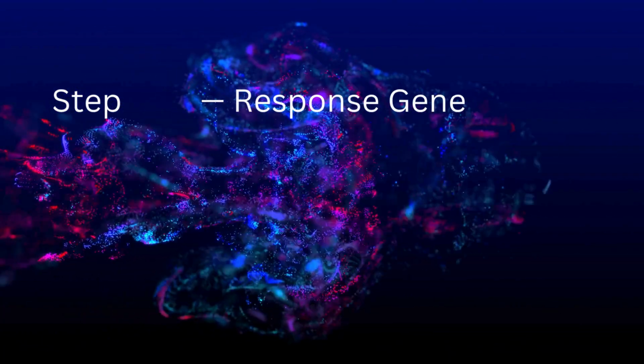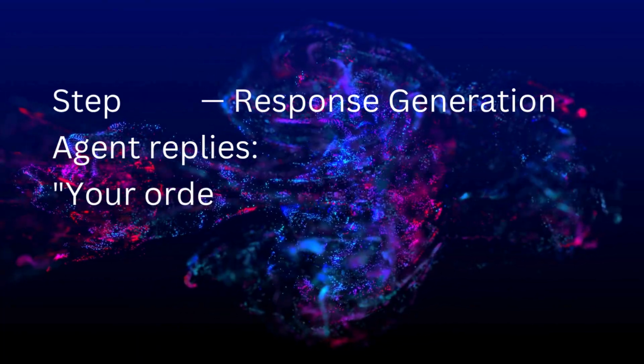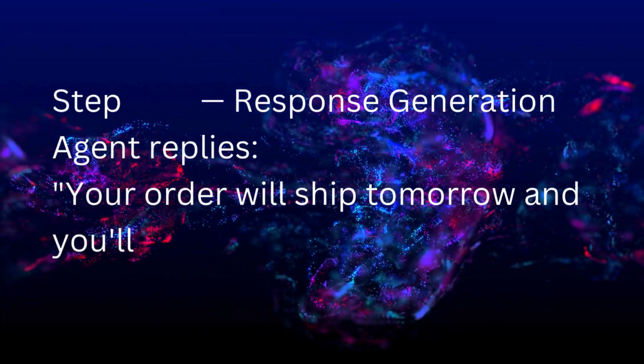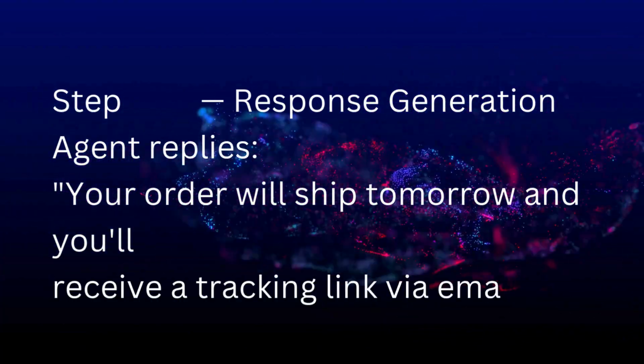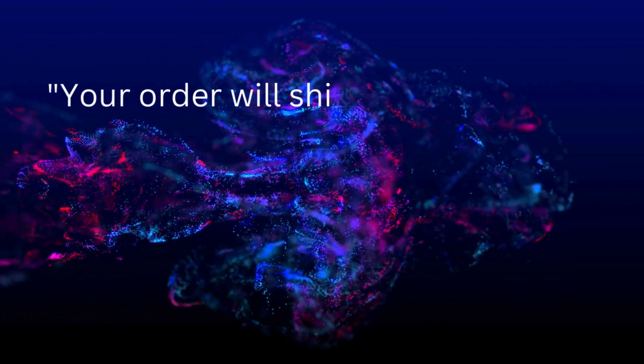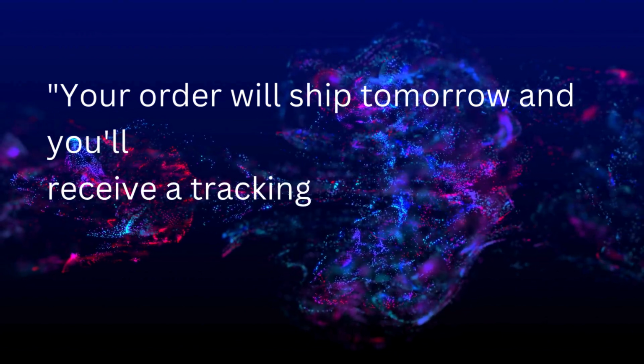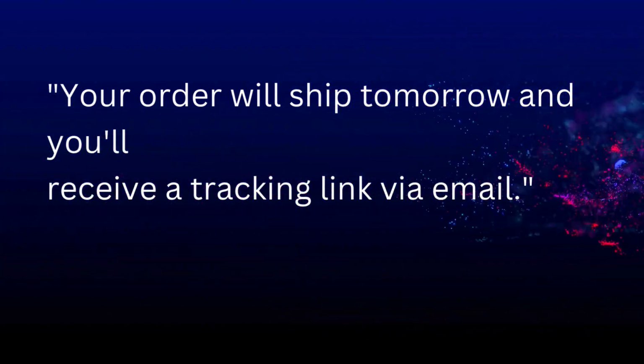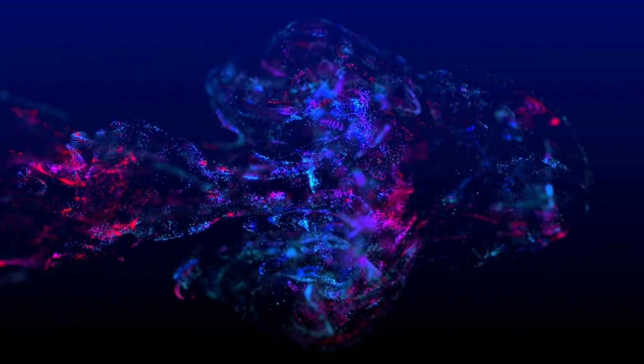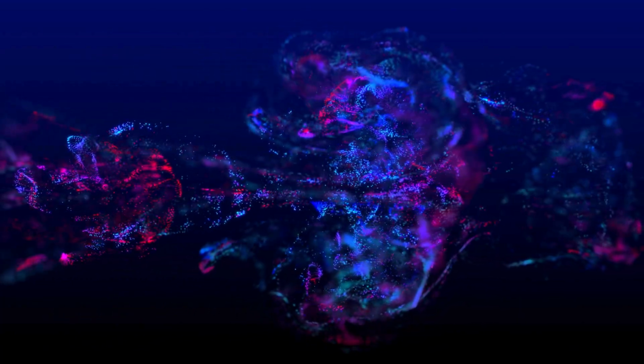Step 3. Based on what it found, it generates a personalized, accurate response. Something like, your order will ship tomorrow and you will receive a tracking link via email once it's on its way. No human needed, no waiting, just instant, accurate service.